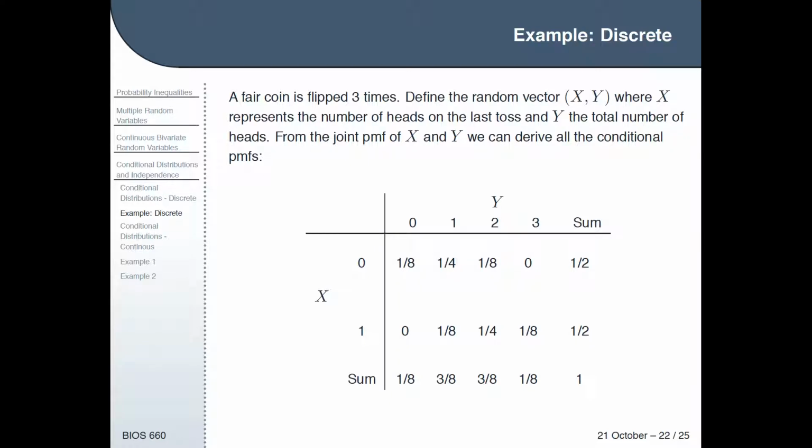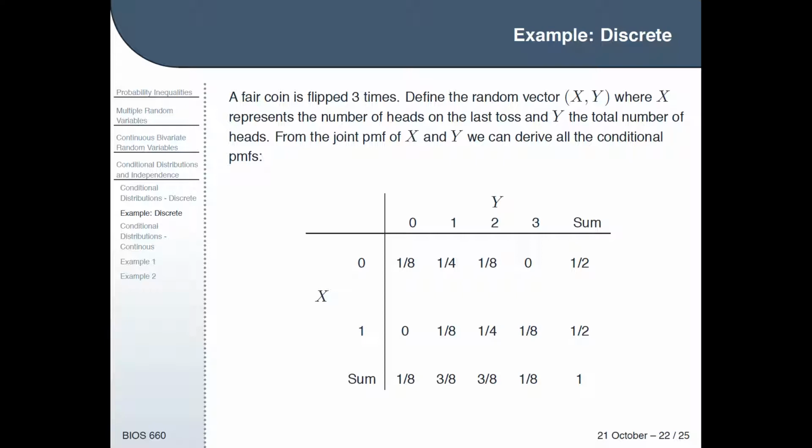So going back to the coin tossing example that we considered earlier, recall we toss a coin 3 times, x comma y is defined, x is the number of heads on the last toss, y is the total number of heads. So we saw the joint PMF earlier.